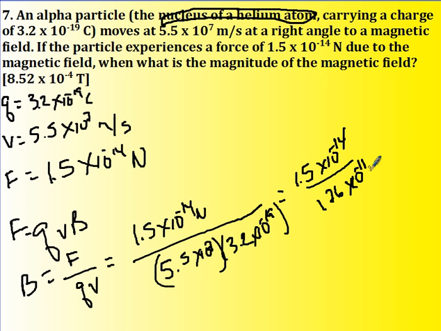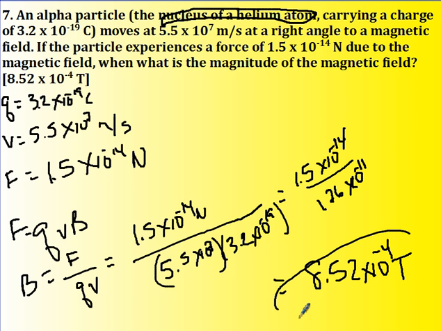Now divide 1.5 times 10 to the negative 14 by 1.76 times 10 to the negative 11, and you get an answer of 8.527 times 10 to the negative 4 Teslas. That's enough sig figs.